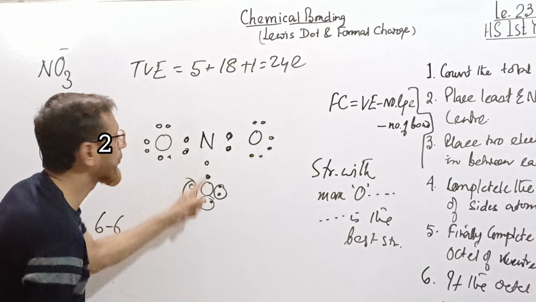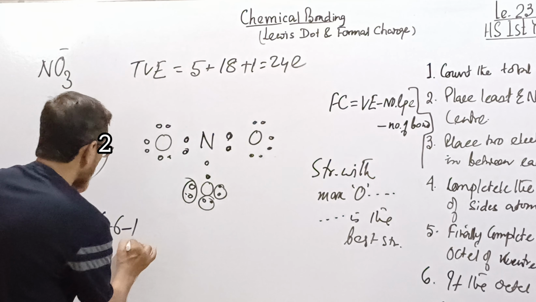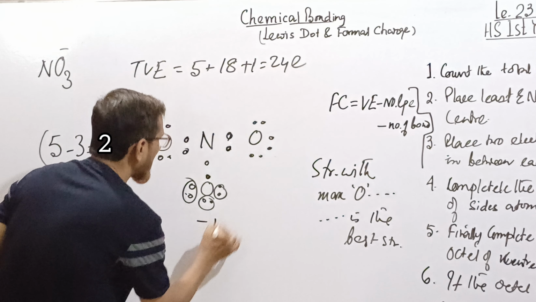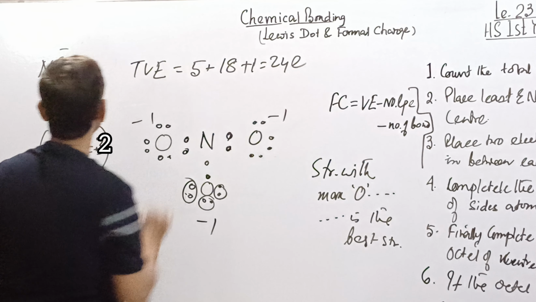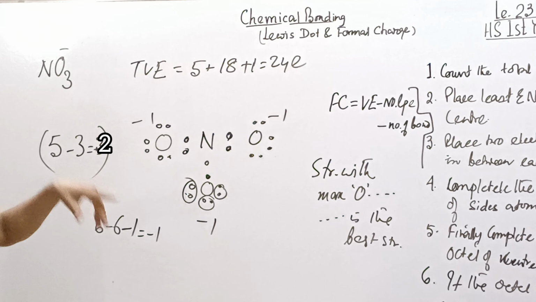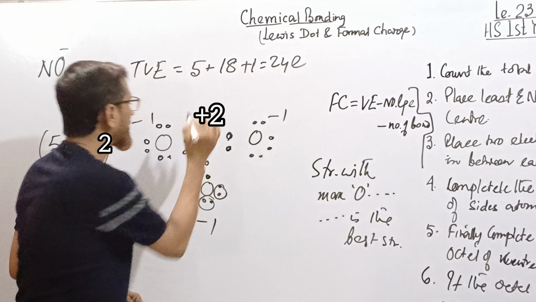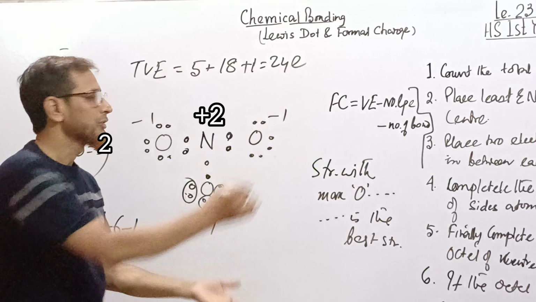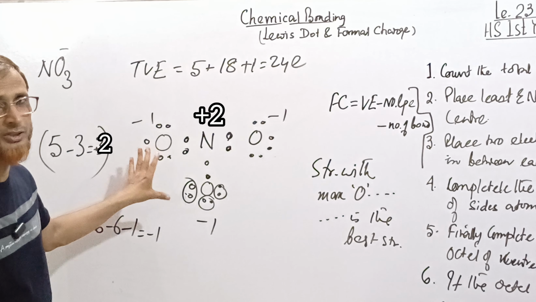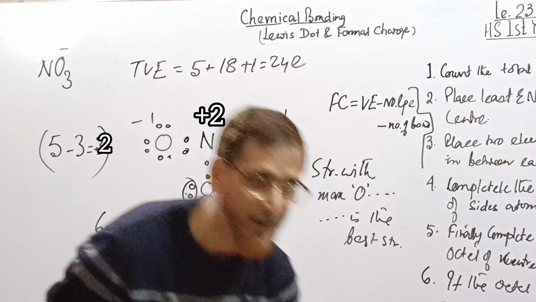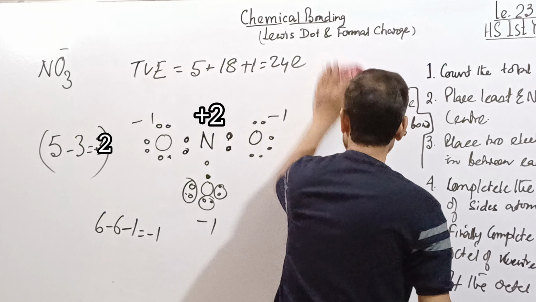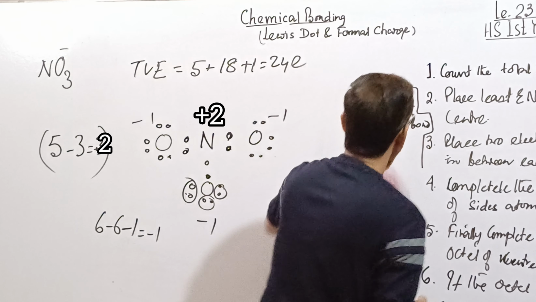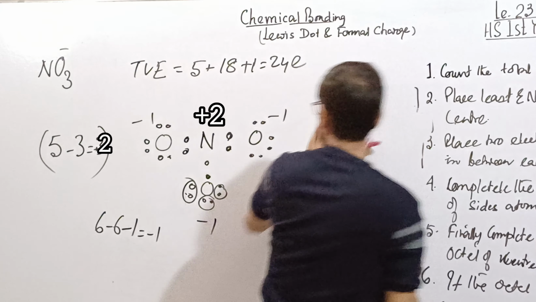How many bonds? Only one bond with the nitrogen. So you are getting minus 1. Here minus 1, here minus 1, here minus 1. So this is one of the possible structures, but let us see whether this is the exact structure or not.